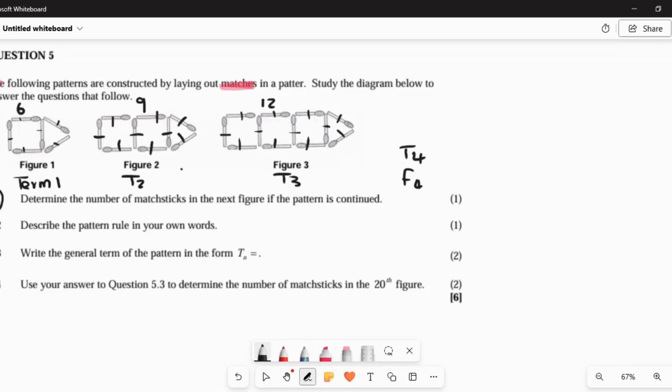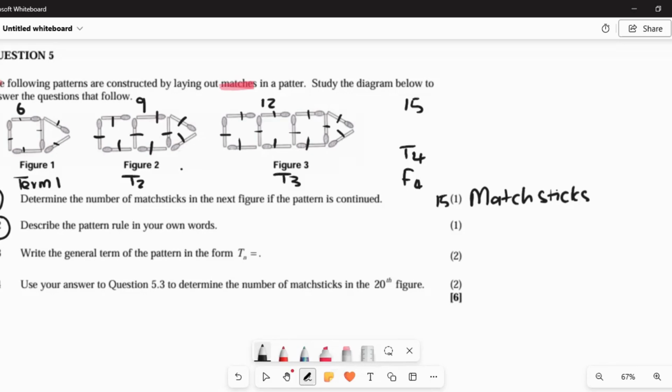Even between T3 and T2, the difference is 3 match sticks, meaning for our term 4, we're going to have 15 match sticks. So that's going to be our answer for the first one. We have 15 match sticks, right? And then now they're saying describe the pattern rule in your own words.